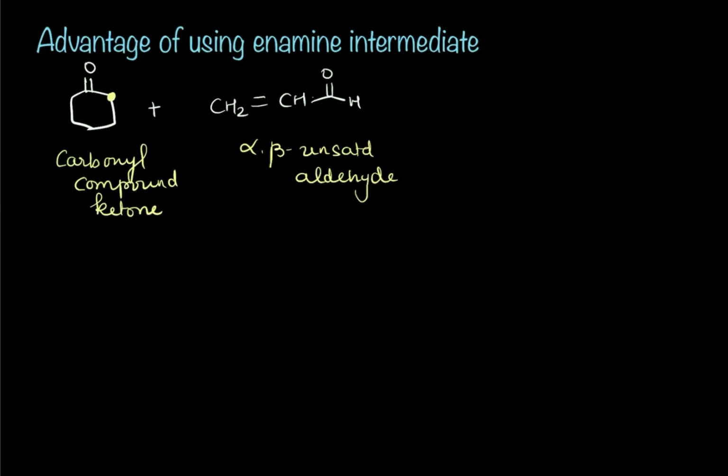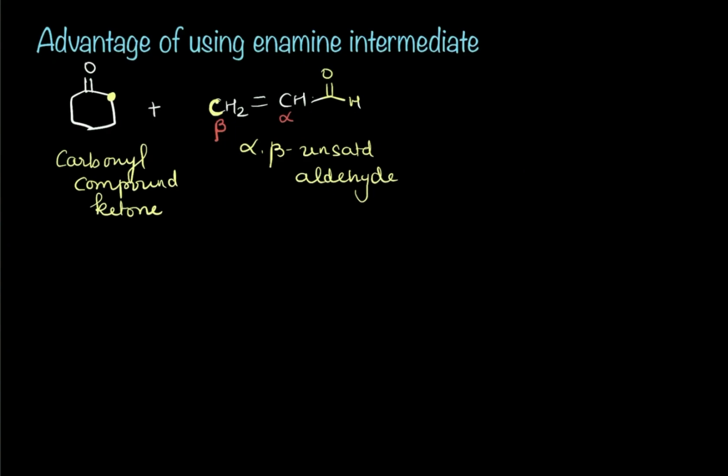And what would be the beta carbon on the alpha beta unsaturated aldehyde? If this is the functional group, then this is going to be our alpha position and this is going to be the beta position. So this particular enamine is going to make a connection between this carbon right here and this carbon. So let's see how it happens.